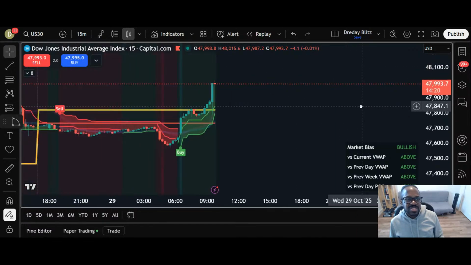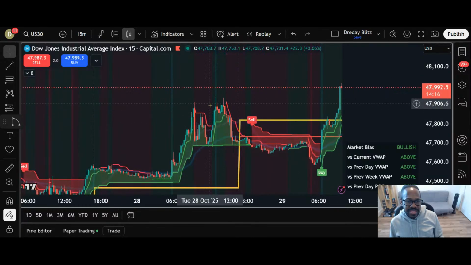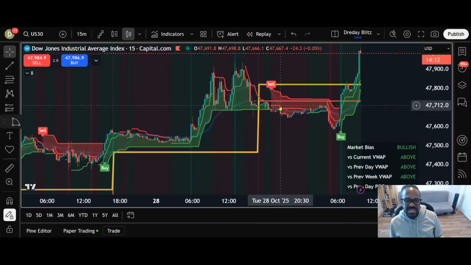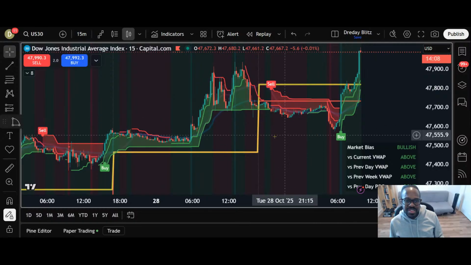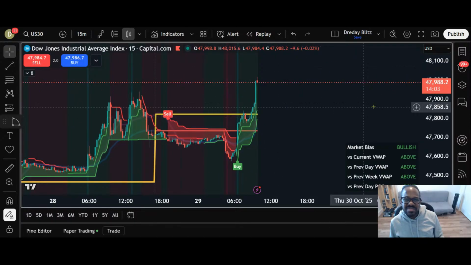But eventually it should stall and start to reverse. But I thought it was at that point here that we should have it, and we had a good setup here to go short. It did go short, but it took some liquidity here of FVG at this point to continue to the upside.